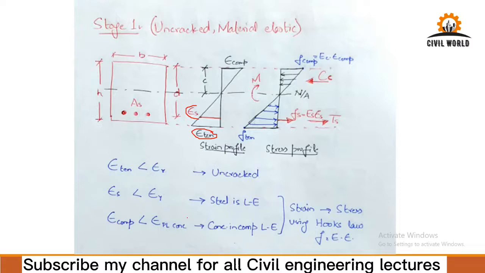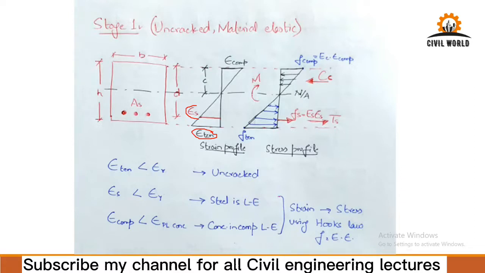But for the concrete which has been used, strains in compression are less than the proportionality limit strain, where stress and strain increase in a linear manner. So concrete in compression is acting in a linear elastic manner.